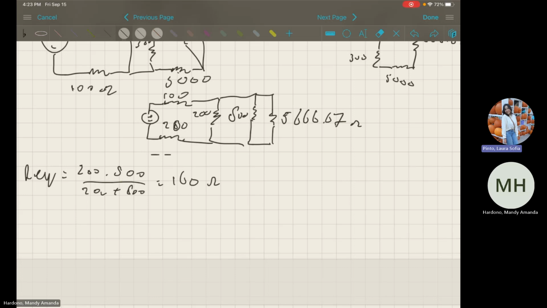Then you take the 160 ohms and calculate another equivalent resistance. The 160 times 5,666.67 ohms divided by 160 plus 5,667.